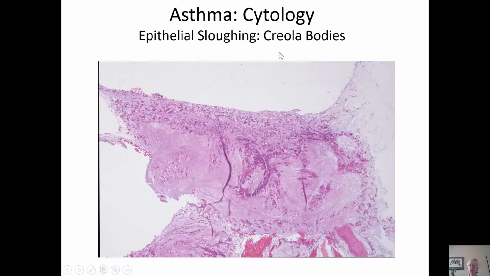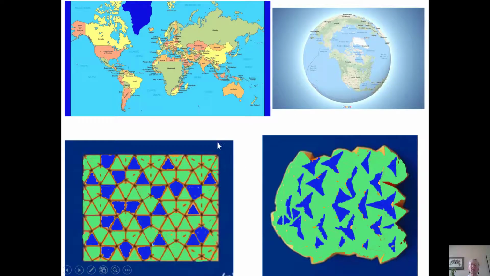Epithelial sloughing translates into Creola bodies, and in this cell block you can see rather extensive epithelial sloughing in these large pools of mucin. A Creola body is difficult to envision, so I've had these two cartoons which might help you understand how they're formed.